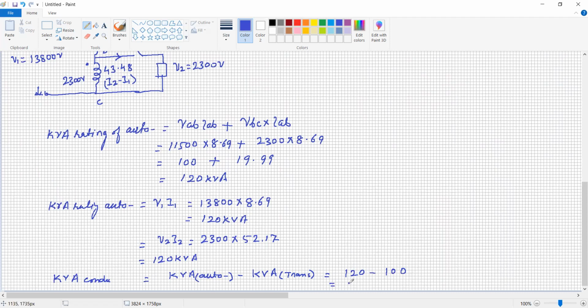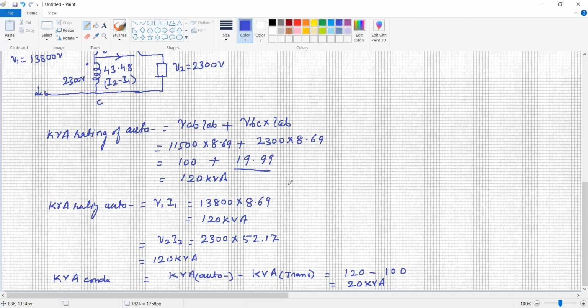So we can say that 20 kVA is due to conduction, and 100 kVA is due to transformer action, and it is the kVA conduct.